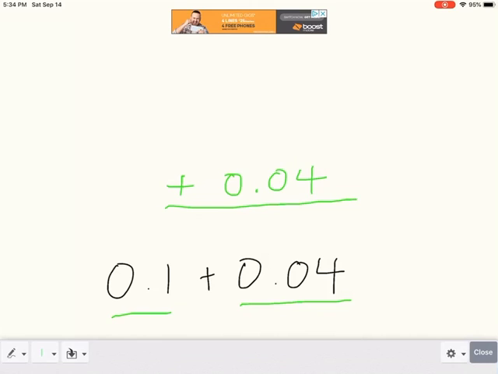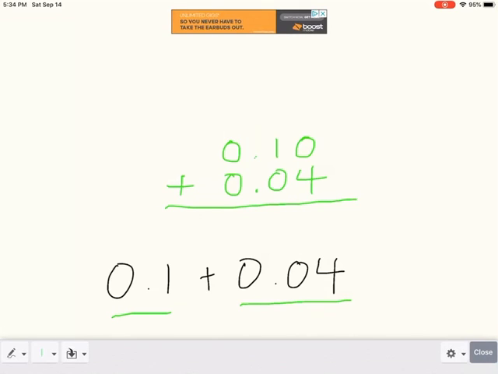So let's go ahead, we'll write 0.04, right? And we'll write 0.1. But to make this problem easier, we'll fill in that extra space, all right? Because 0.1 and 0.10 are the same thing.